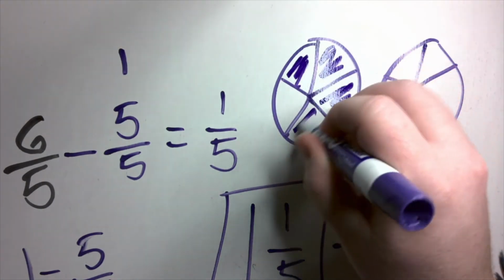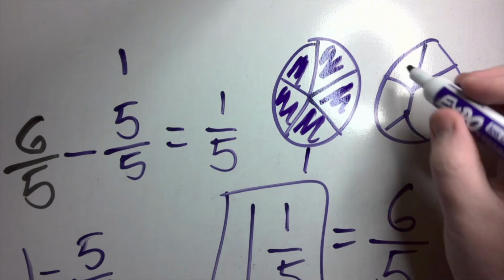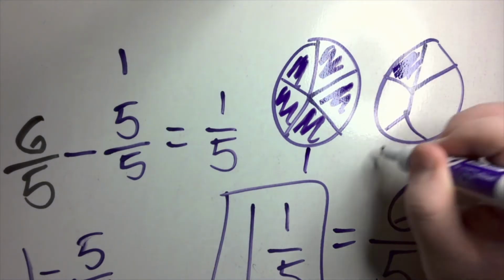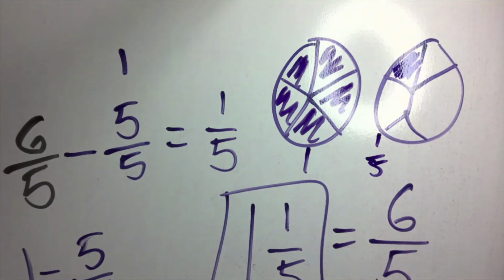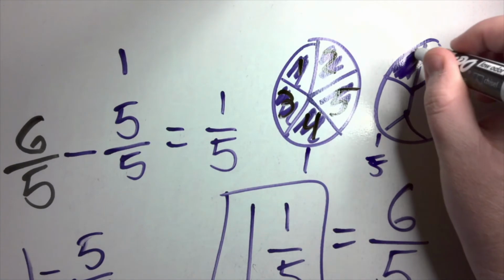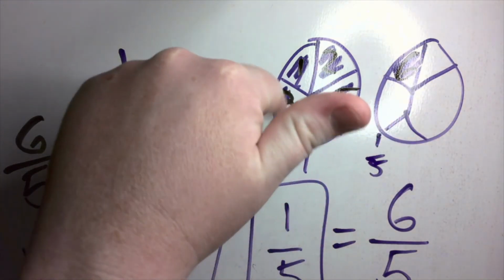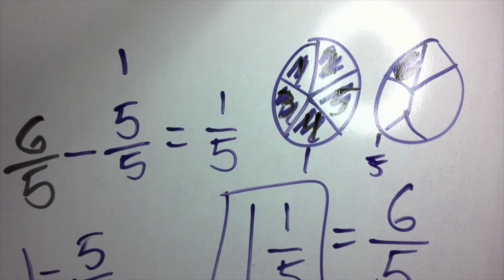So I have 1, 2, 3, 4, 5. So that's one whole. That's 1. And this is 1/5. Now, depending on how you count it, you can either have 1 and 1/5 or 1, 2, 3, 4, 5, 6/5. Sorry that black doesn't show the best, but I just wrote the numbers 1, 2, 3, 4, 5, 6 in those shaded areas. But there you have it.